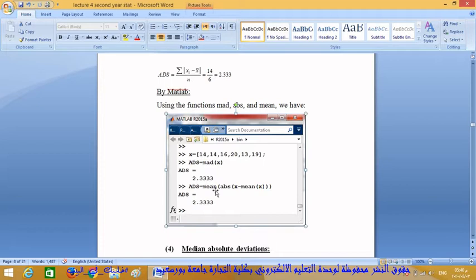Or you can use mean of ABS of x minus mean of x. Again, mean means the average of the absolute values of the differences between x and the mean of x. This is the summation, but using the ABS, not the value itself. So it's better to use the function MAD instead of ABS and the mean.